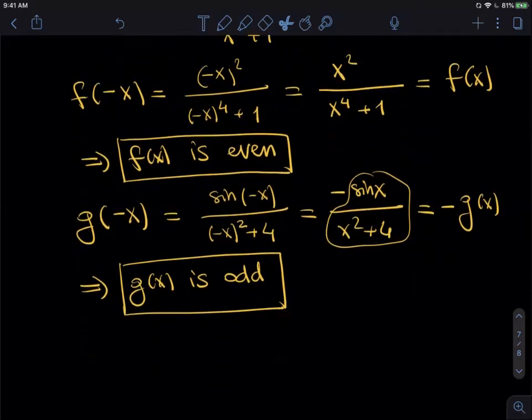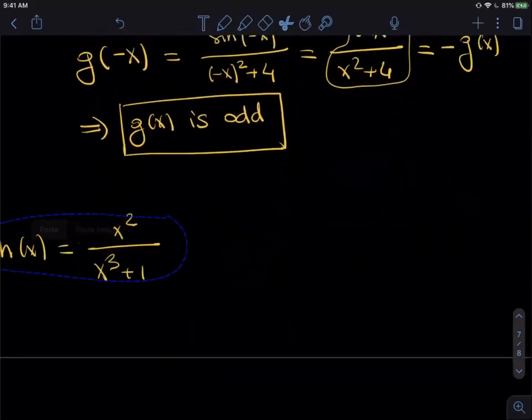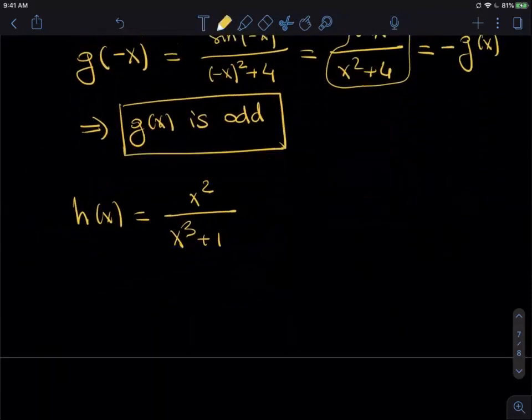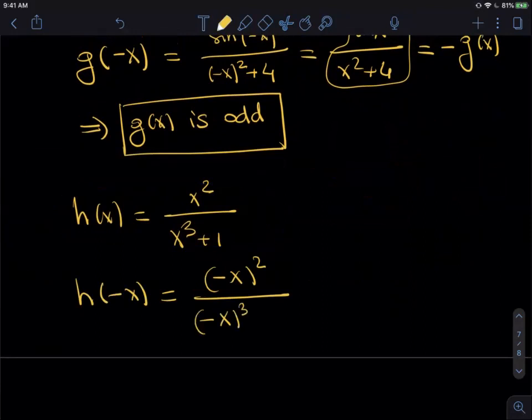Now I copy this one so that I can scroll. So when I check h of negative x, what I'm going to get is negative x to the power 2 divided by negative x to the power 3 plus 1. And this is x squared divided by minus x to the power 3 plus 1. And this is not equal to h of x.